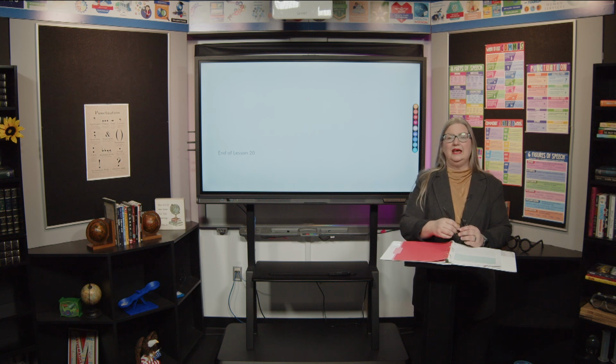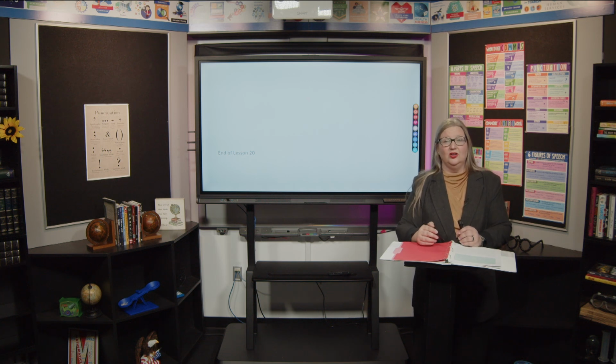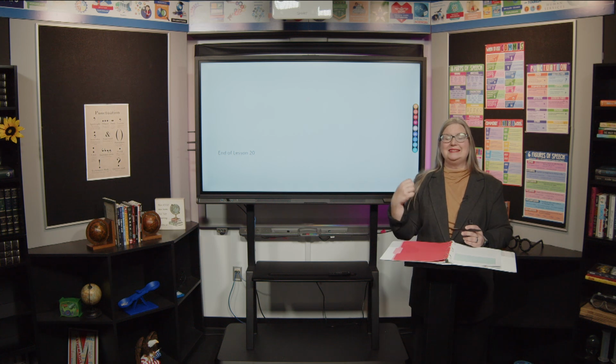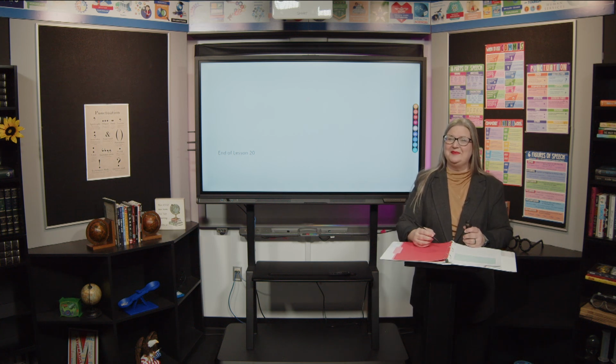So you can go in and say, I need practice on this particular learning target, or I need practice with this particular skill. You can go to those videos specifically and watch those and see how I work through those with you. So until next time, happy learning.